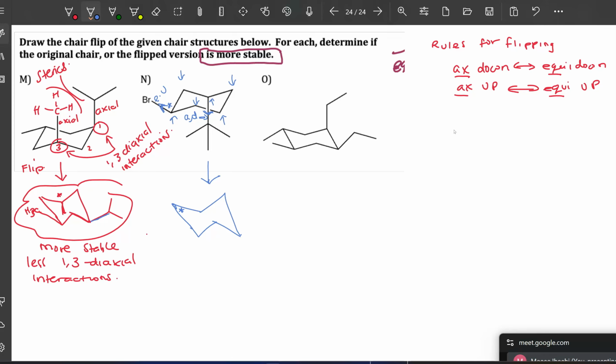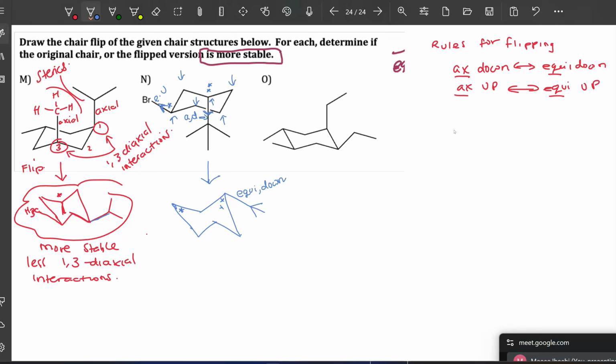So after the flip on this carbon, we are going to go where? Axial down is going to change to what? Axial down will become equatorial down. And it's parallel to the other bond. Very important to learn how to draw the angle. Now it's equatorial down.